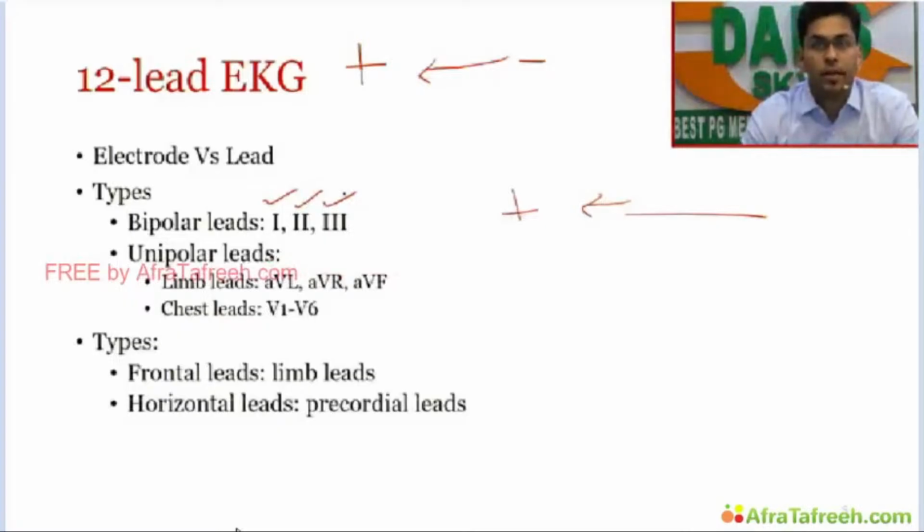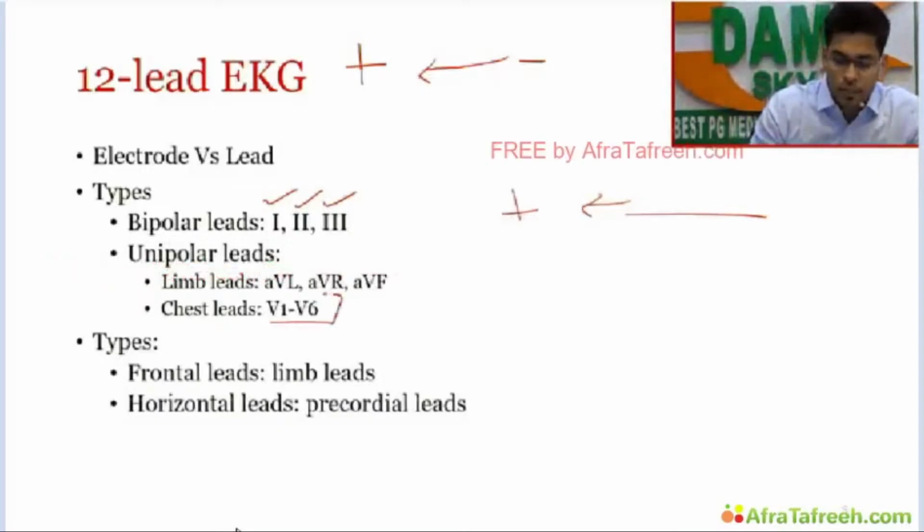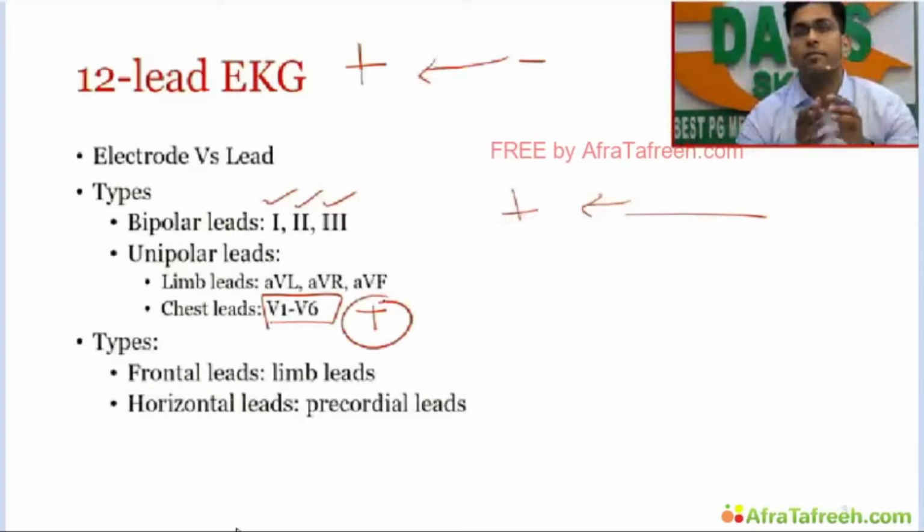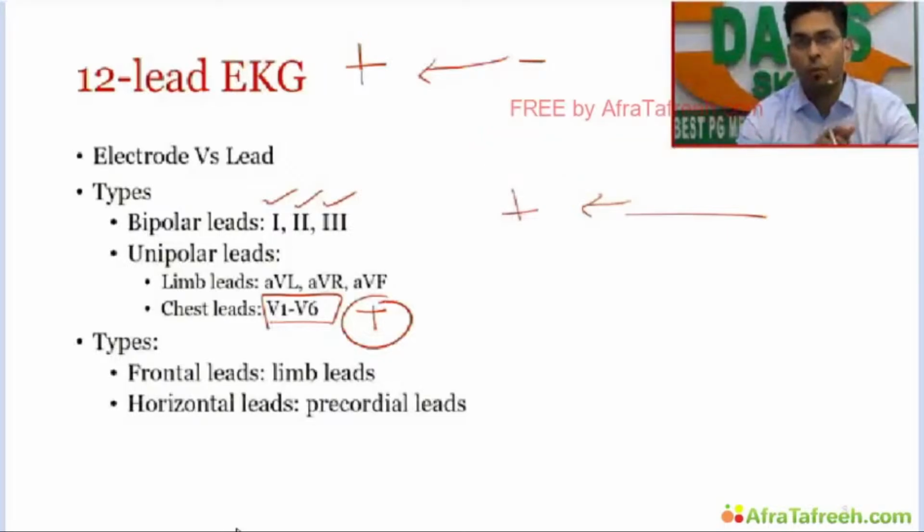There are certain leads placed on your chest. The precordial leads, which are called the chest leads, V1 to V6, only have one electrode, that is the positive charge. And everything else is taken as a 0, so it is from a 0 to a positive charge.